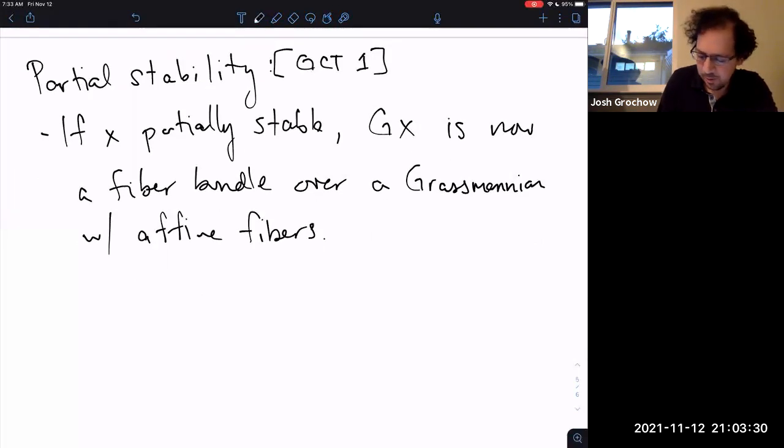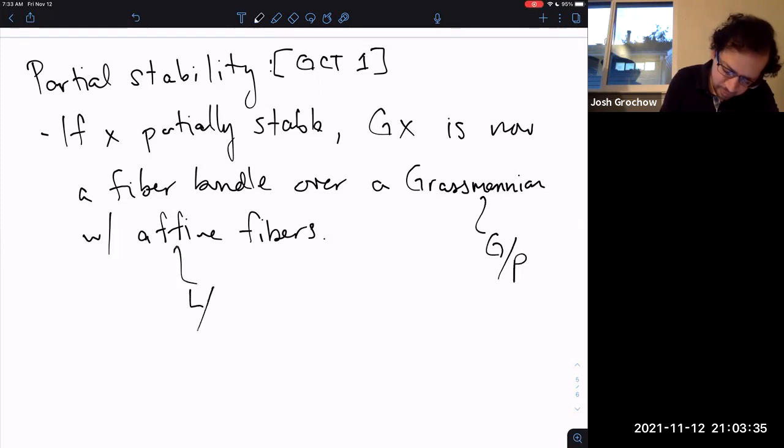So this is G mod P, and these affine fibers will be L mod L prime.